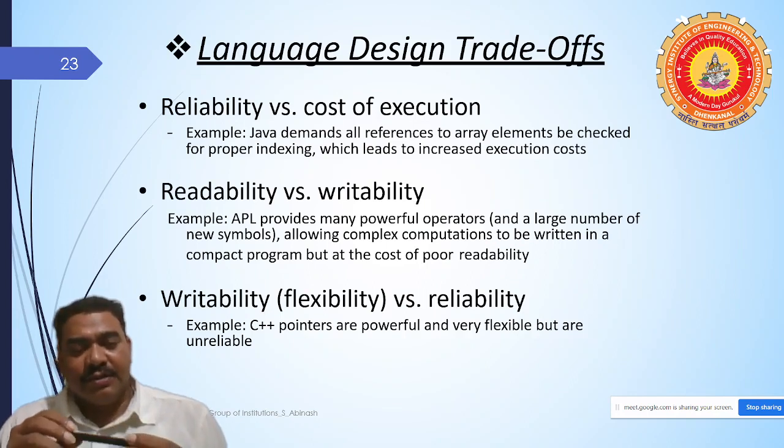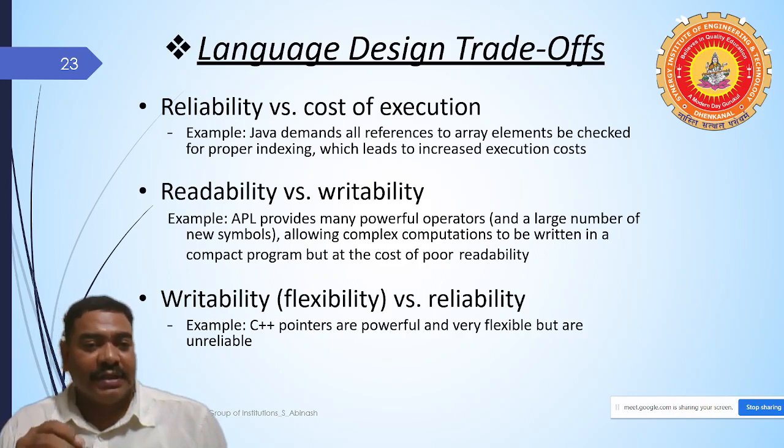There are certain points which require discussion. That is language design trade-offs. Reliability versus cost of execution. Last class we discussed why the C programming language is not reliable, because it has certain demerits. And if you have designed something using that language, at the end the program crashes.